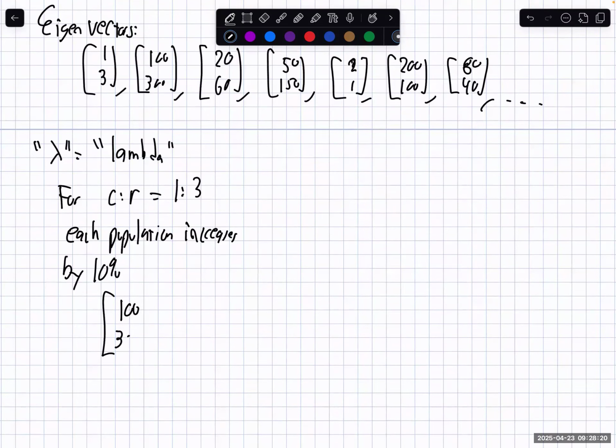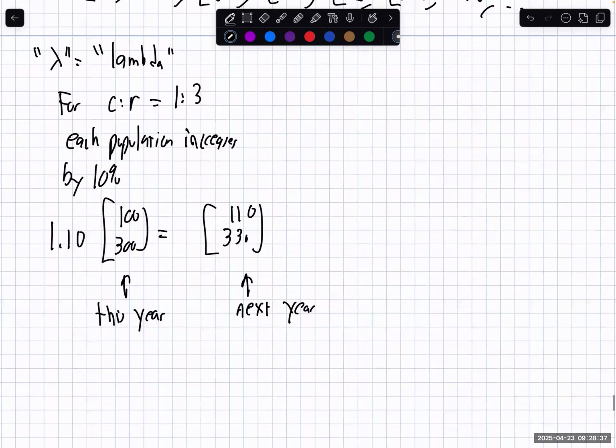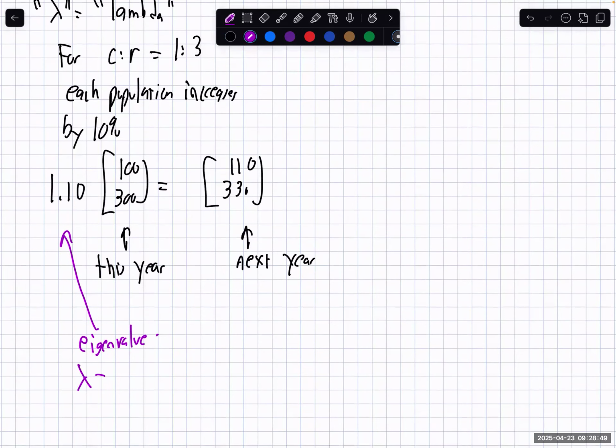So in other words, if we start with this year's population, scale it by 1.10, this is called an eigenvalue. And traditionally, we use the Greek letter lambda to stand for an eigenvalue.